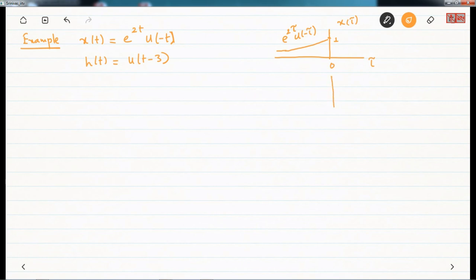Now u of t minus 3. So I want to plot h of tau. So h of tau is something like this. So this is tau equal to 3.